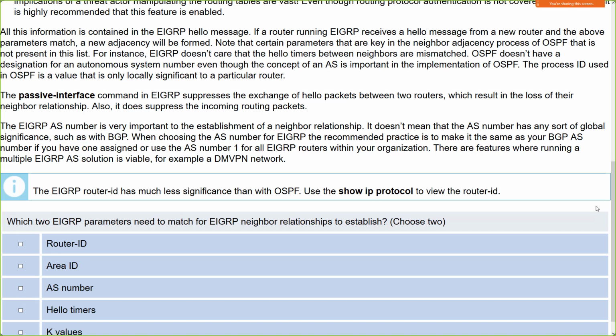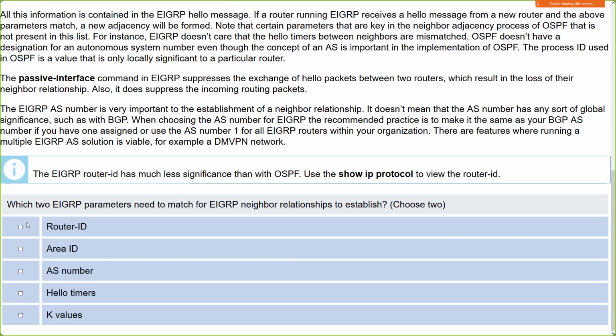Okay? Now, they mentioned a couple other things in relation to OSPF. We'll talk about OSPF a little bit later on. Which two EIGRP parameters need to match for an EIGRP neighbor relationship to establish? Router ID. Actually, we didn't talk about router ID yet. But router ID is a concept that exists in all of the routing protocols as well.